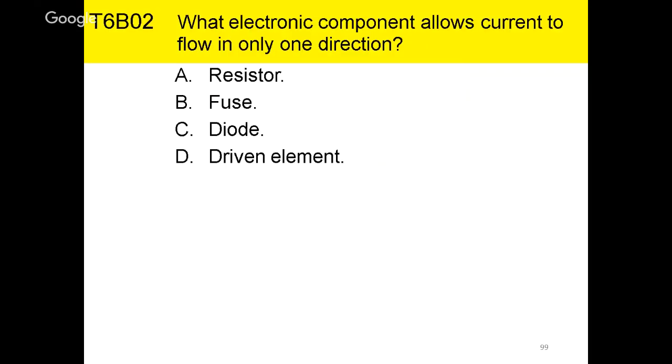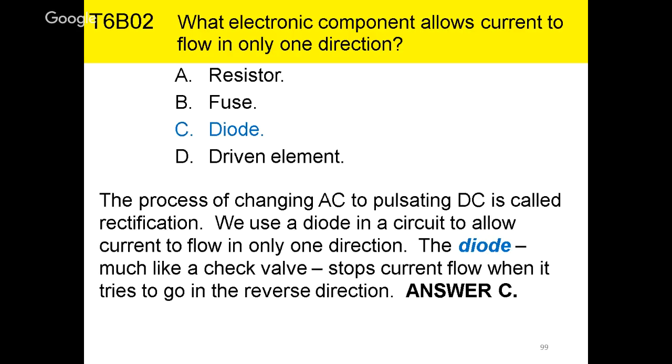What electronic component allows current to flow in only one direction? Okay, now remember, a resistor actually opposes current flow. A fuse will blow if there's too much current, and driven element, I don't know what that has to do with it, but it's a diode. Diode is like a check valve.